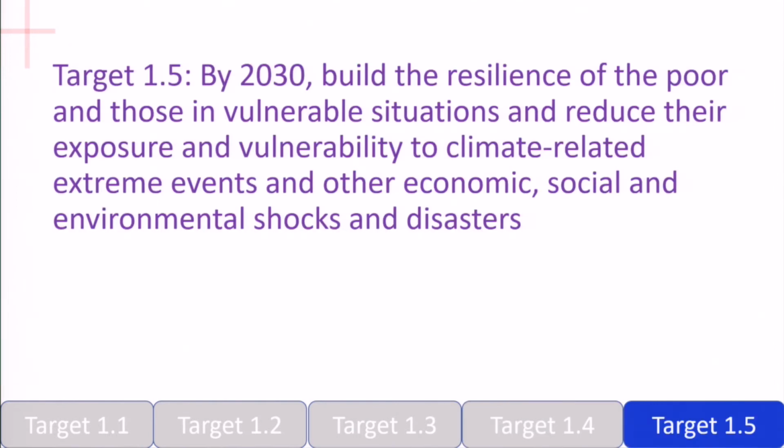Now, coming to the last target, 1.5. It states that by 2030 we build the resilience of the poor and those in vulnerable situations, and reduce their exposure and vulnerability to climate-related extreme events and other economic, social and environmental shocks and disasters.